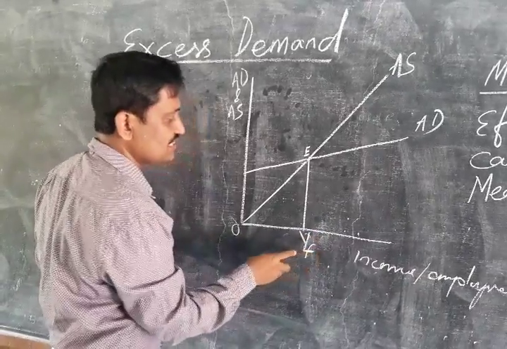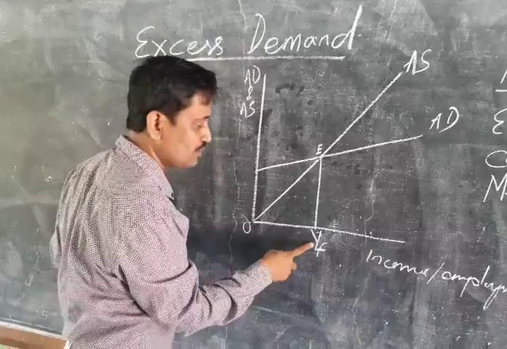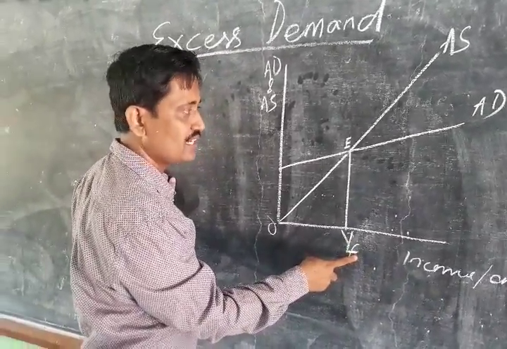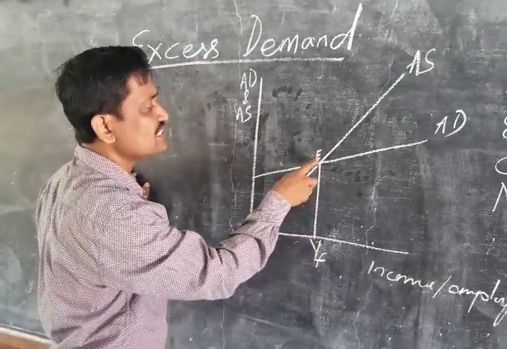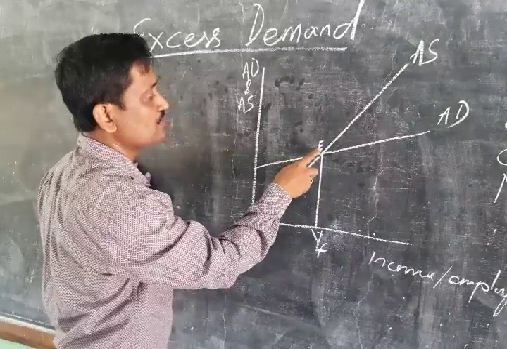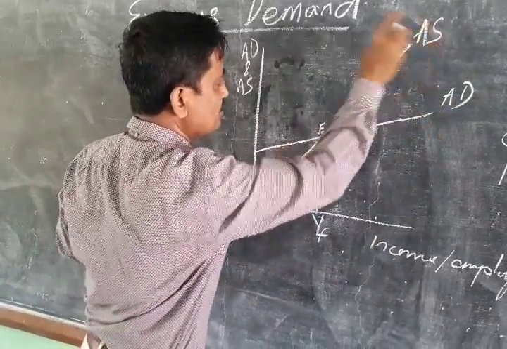At this point, aggregate demand is equal to aggregate supply. Let's say this is the equilibrium level of income, and let's say it is the full employment level of income. So this is your aggregate demand, aggregate supply curve.